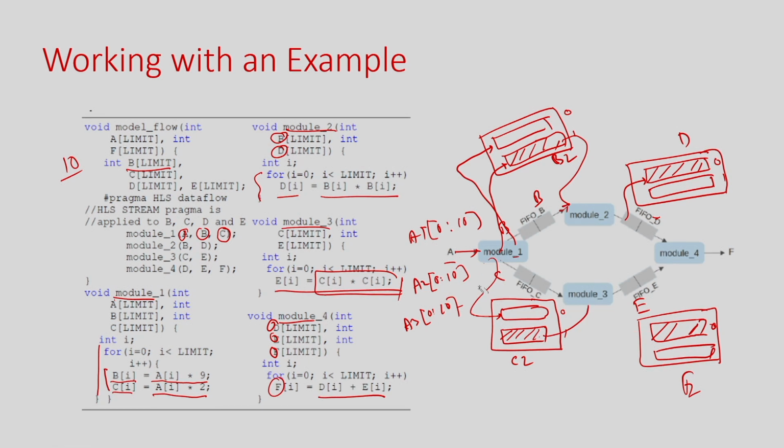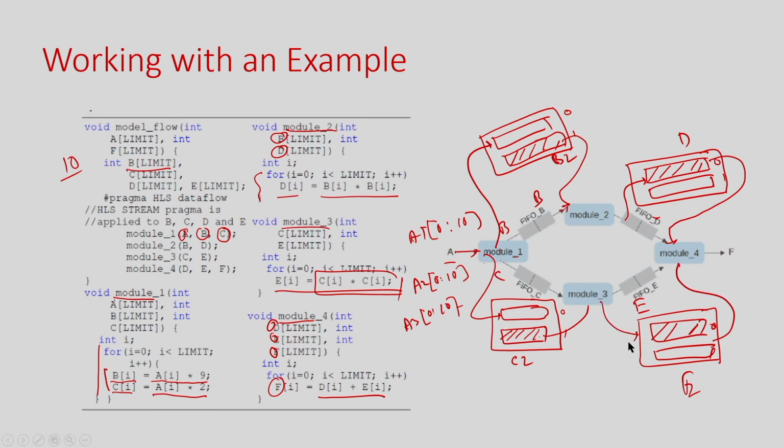Similarly, for the third set of data, module 1 is writing again to the odd buffer, and this module is again consuming from the odd buffers, and module 4 can now start taking data from this even buffer, right.